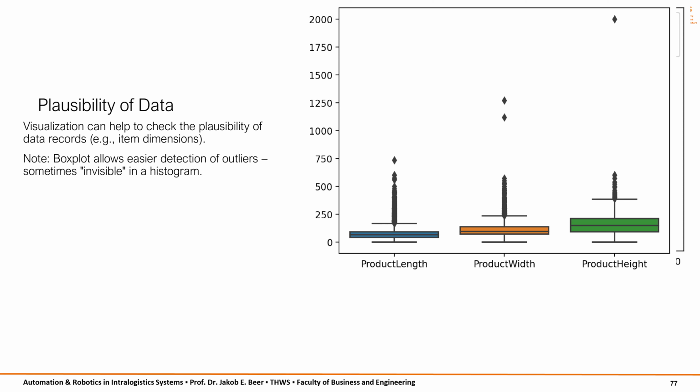So how does this relate to logistics? Why are we spending time talking about box plots and plausibility? Because every warehouse design project, every automation implementation starts with data. If your master data contains implausible records, say items that are too big to fit in the bins, or with weights that contradict packaging types, your entire design will be flawed.